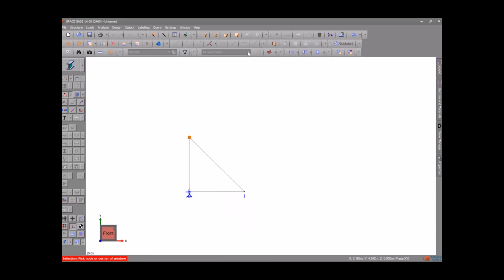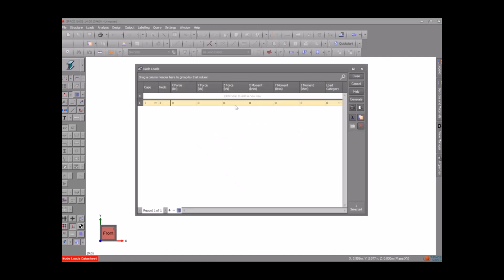So click on here, one click, and go to this node load. Don't change anything. In the X direction, force going in the positive, 500 newtons. This is in kilonewtons, so be careful with this one. It would be 0.5 kilonewtons, because the example says 500 newtons, so 500 divided by 1000 gives you 0.5 kilonewtons.